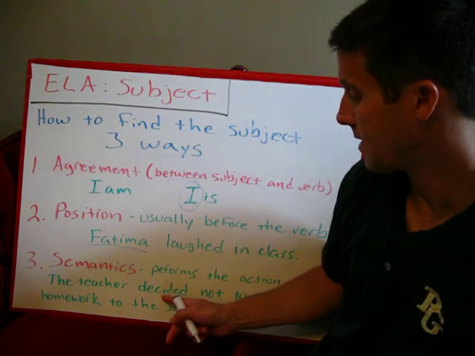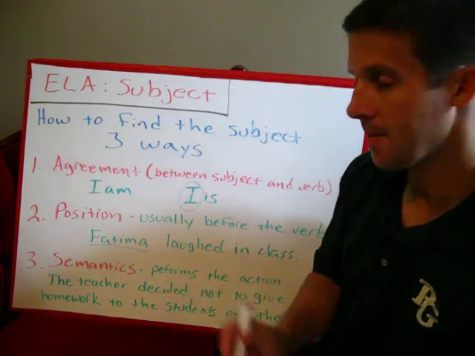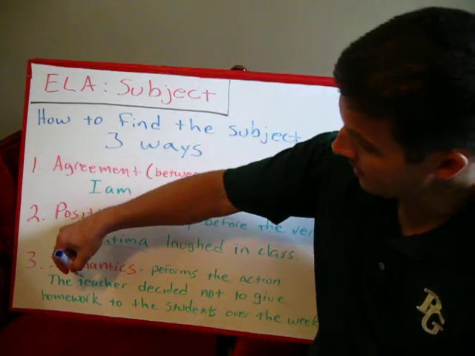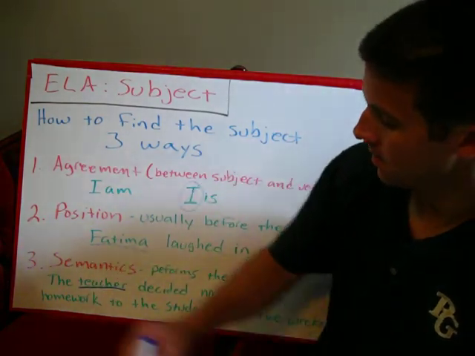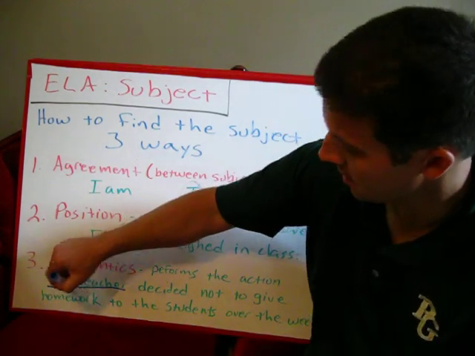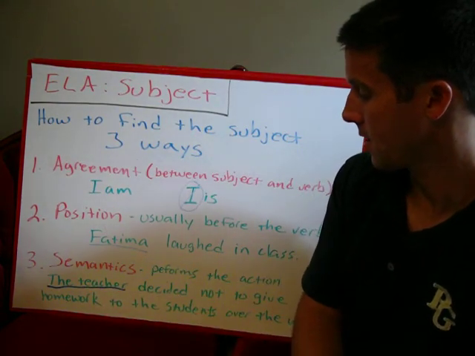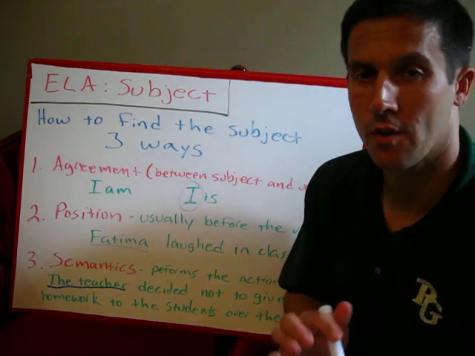Did the students decide? Or did the weekend decide? That's how you can figure out the subject. No, the teacher decided, so the teacher is the subject. This is the complete subject, the teacher. Or we can just say the teacher is the subject. And that's how you find the subject in 3 different ways.